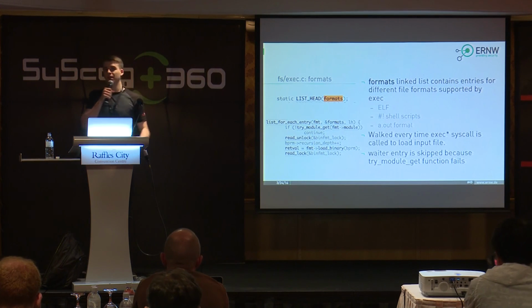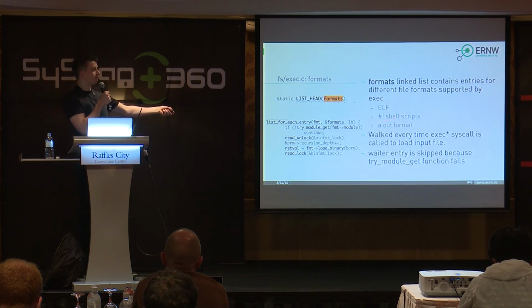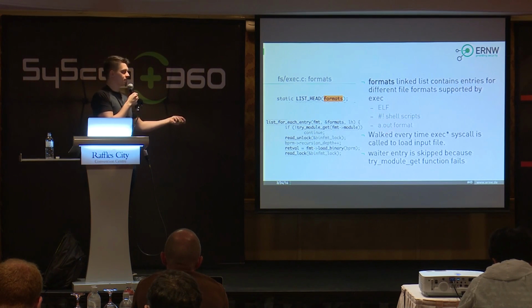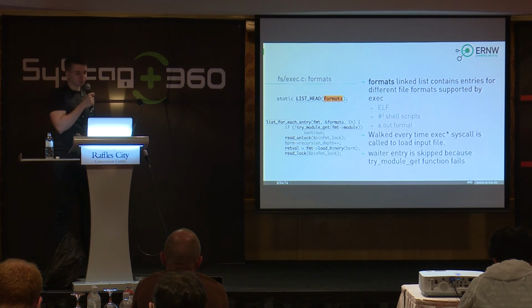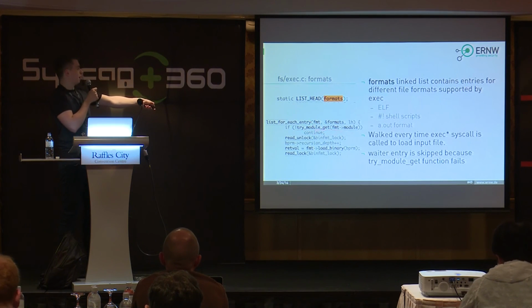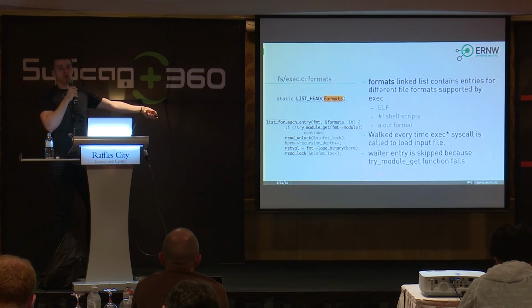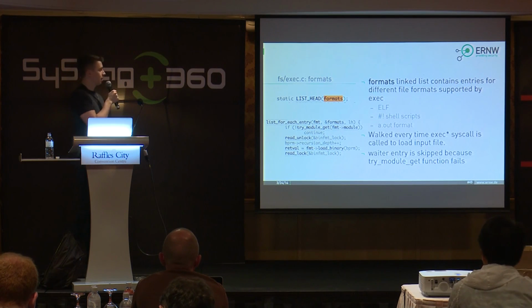So if you do an exec, this linked list is walked to check if it's an ELF file or a shell script, or even this a.out format nobody uses anymore. And if you look at the code, it basically calls the try_module_get function. If that succeeds, after that, it will call the load_binary function, and this is a function pointer that's under our control when we are in our entry.